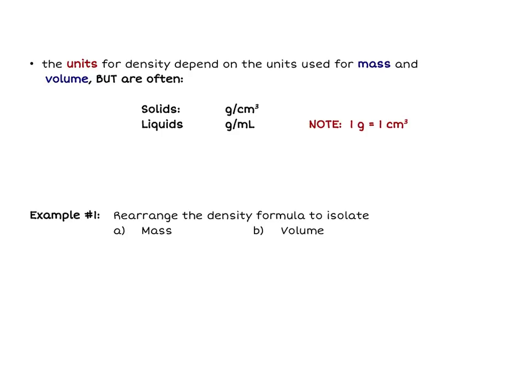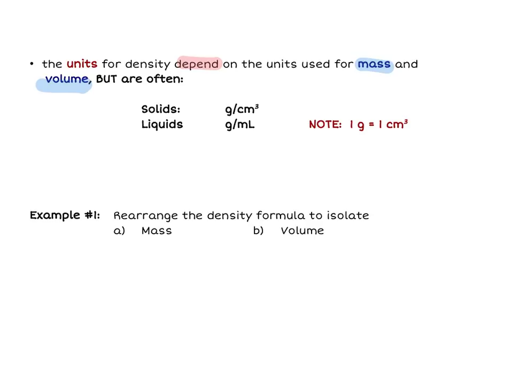So if you're doing a calculation that involves measurement, you need to indicate the unit of measurement in your final answer. So let's take a minute to talk about the units that we use for density. And I'm going to tell you that the long and short of it is that it depends. What does it depend on? It depends on the units that you used in your equation for mass and for volume.